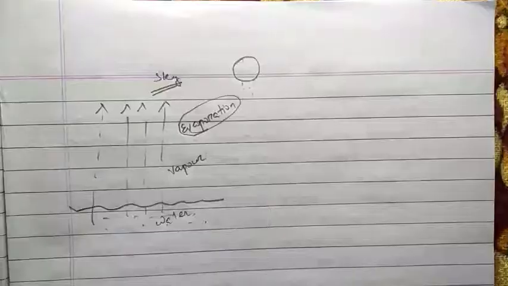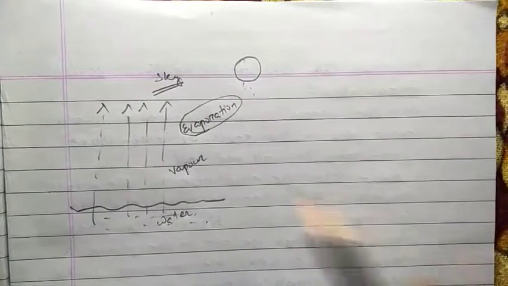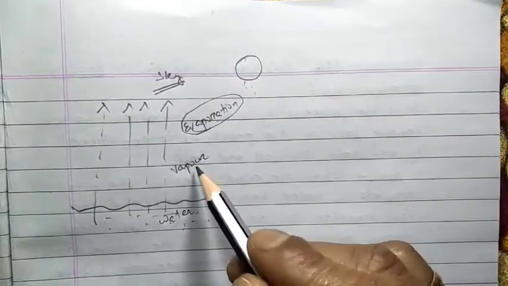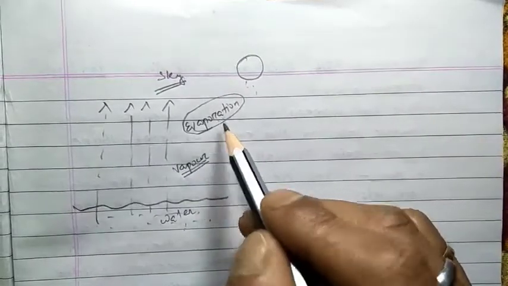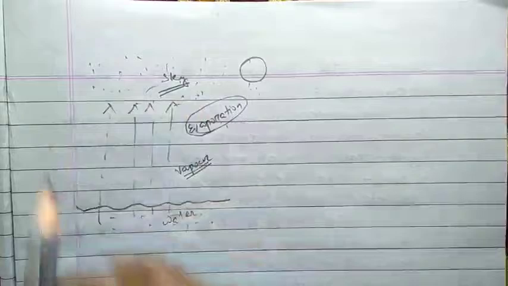Now let me explain to you the process of condensation. Evaporation, we have already got the water of the different water bodies gets evaporated and forms vapor through the process of evaporation. Now, as I told you, dust particles are present in the atmosphere.